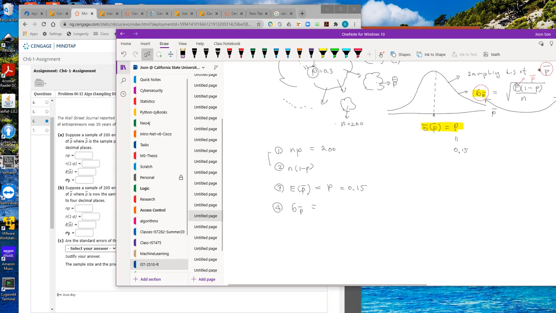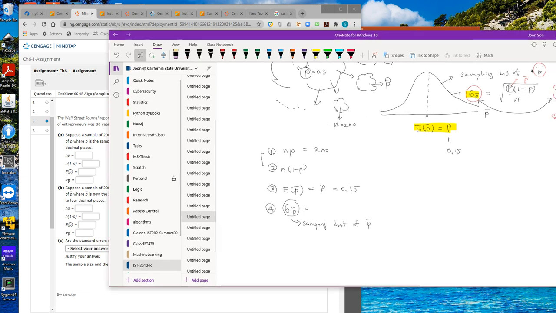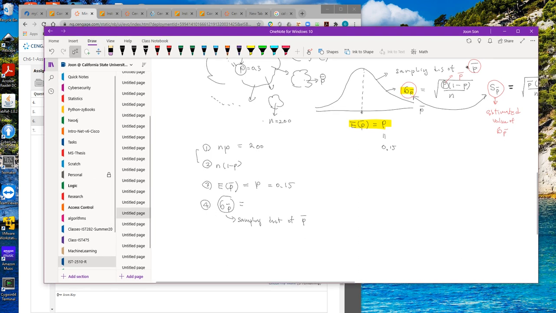If the problem asks you to find or identify the sampling distribution of p prime, basically they're asking you to find this value, sigma p prime. Another name for this is the standard deviation of a sample proportion.